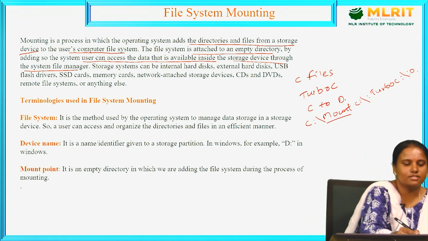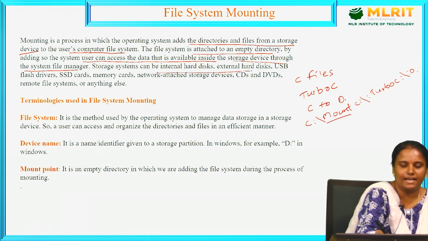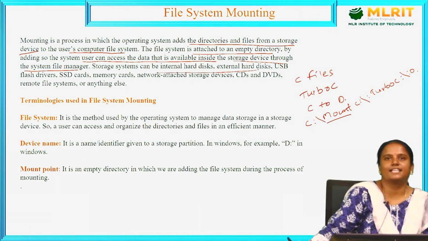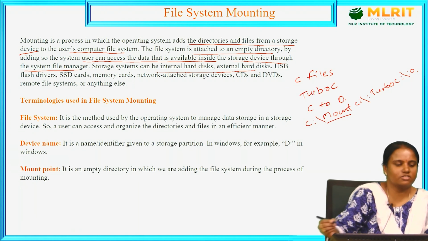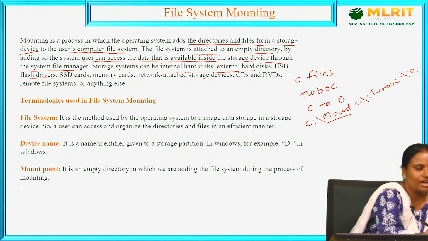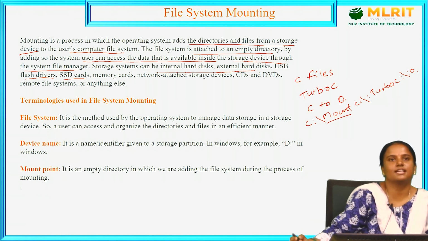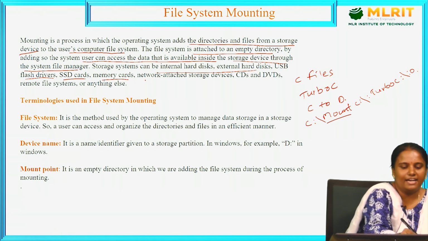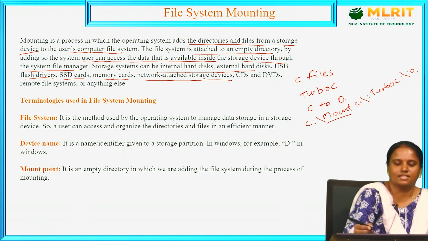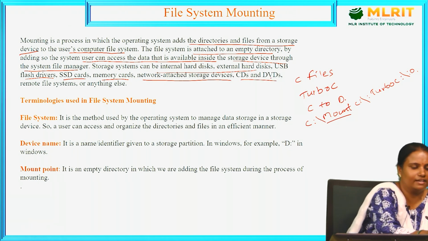Storage systems can be internal hard disk drives or external hard disk drives, USB or flash drives, SSD cards, which are secondary storage devices, memory cards, network attached storage devices, CDs and DVDs, remote file systems or anything else.